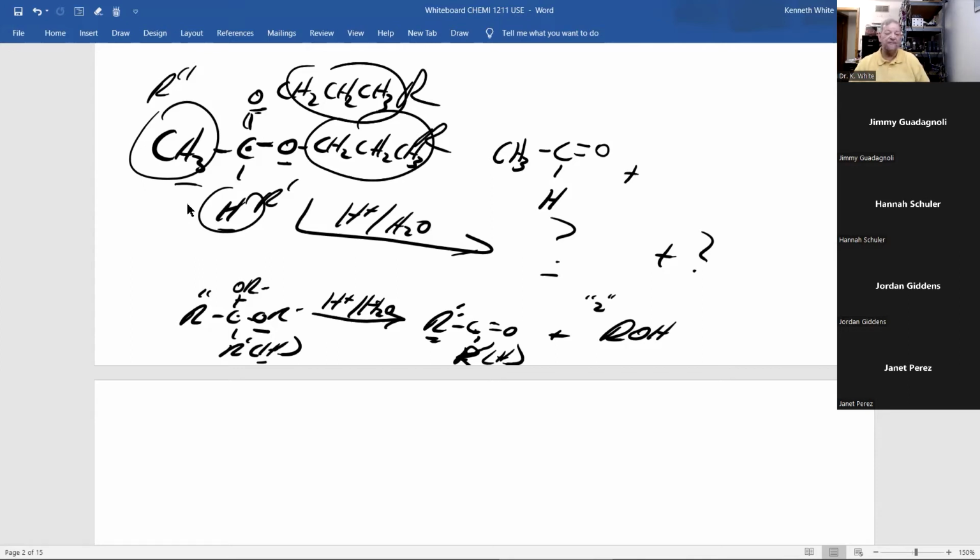And now you need the alcohol here, and notice R is 3 carbons with a hydroxyl group, and the carbon here, in both cases, bonds to the oxygen. Therefore, the carbon here is the product you get. And if you wanted to, you could put a 2 there. You don't have to. And that's how you do it.